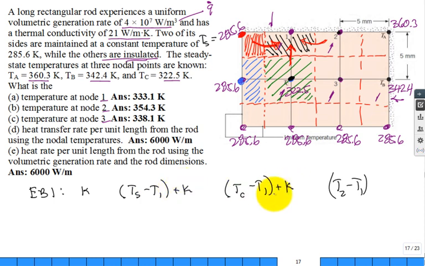Now the hard work. My area to length for each of those. So, the easiest probably is this area right here. That's from the 1 TC below. What is that area? It'll be that discretization delta on the X, which is 5 millimeter.